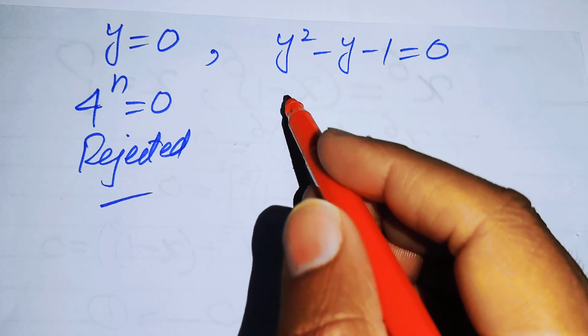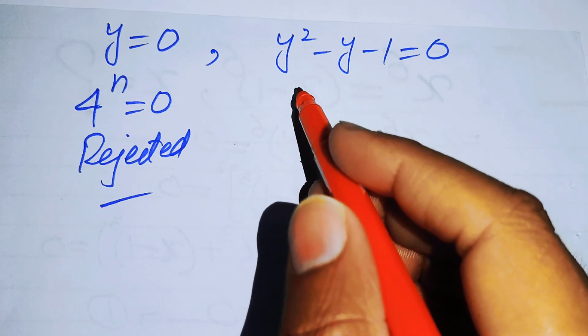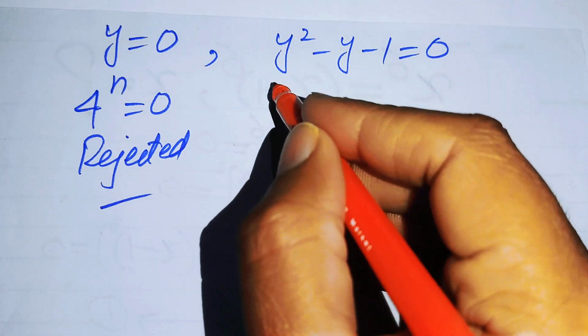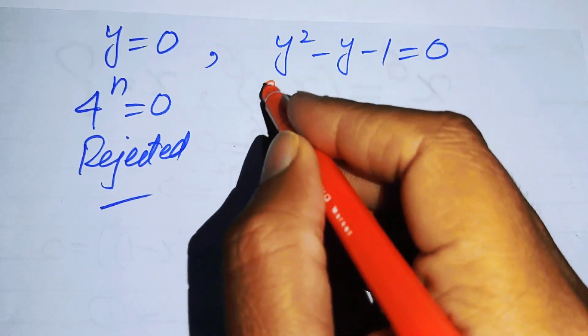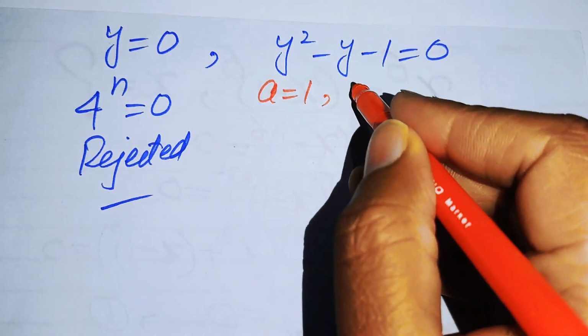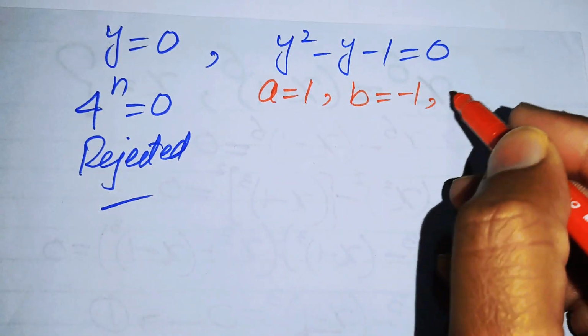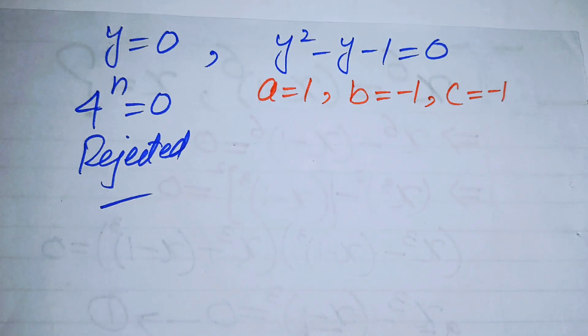First we find the factors of this equation. In order to do that, we need to use the quadratic formula, so we first write the coefficients: a equals 1, b equals minus 1, and c equals minus 1.